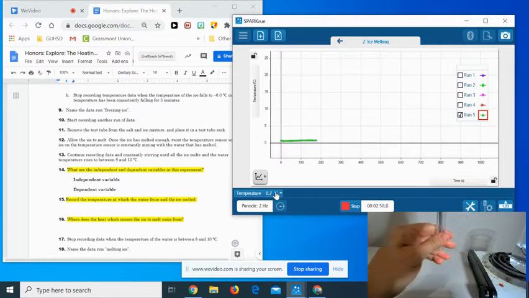So I'm going to stop this video and come back in a few minutes when that ice is fully melted. I'm going to try to start the video right around when there still is just a little bit of ice, okay? But notice I'm going to start stirring here, okay? Stirring in this situation, okay? So I'm going to come back in just a few minutes when our ice has melted, okay?